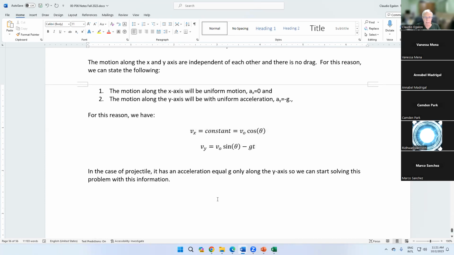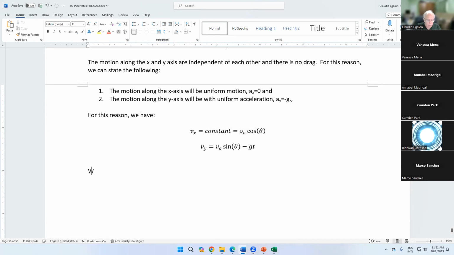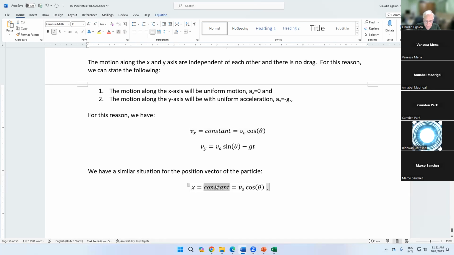We have a similar situation for the position vector of the particle. In the case of the x component of the particle, it's not going to be constant.